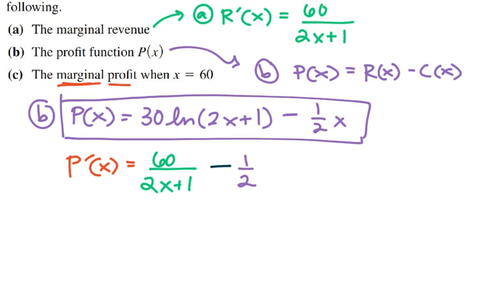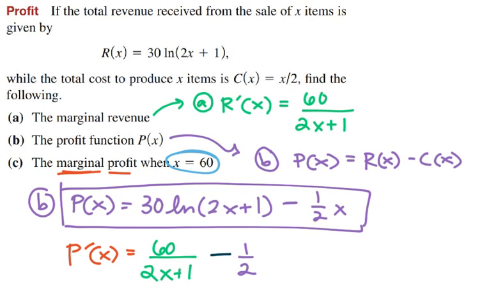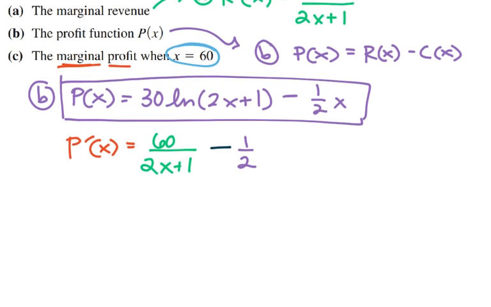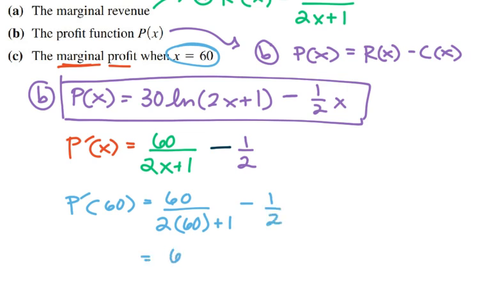So the marginal profit, when you let your x value, x being items, when 60 items are sold, P prime of 60 equals 60 over 2 times 60 plus 1 minus 1/2, or rather 60 over 121 minus 1/2, which is essentially 0.